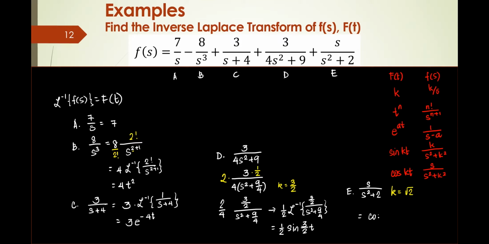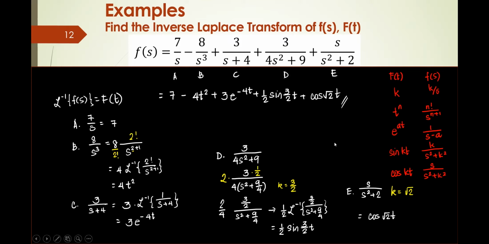Cos square root of 2t. Very good. So that means the final answer is 7t squared plus 3e to the negative 4t plus 1/2 sine of 3/2 t plus cosine square root of 2t.